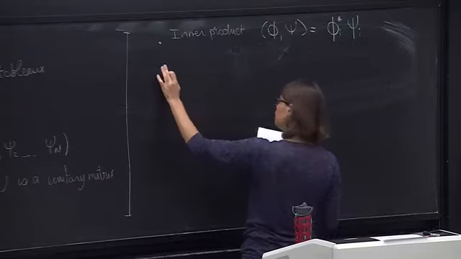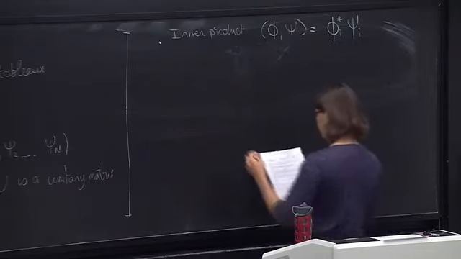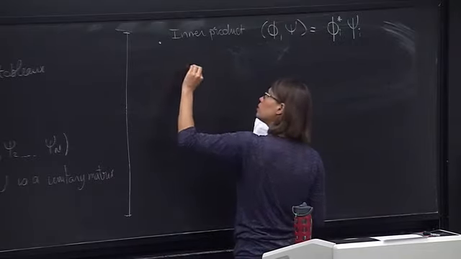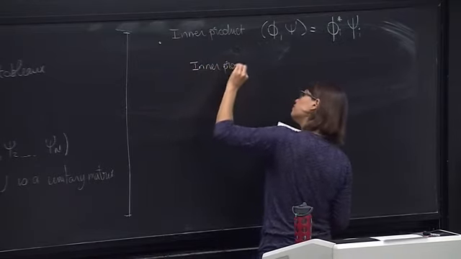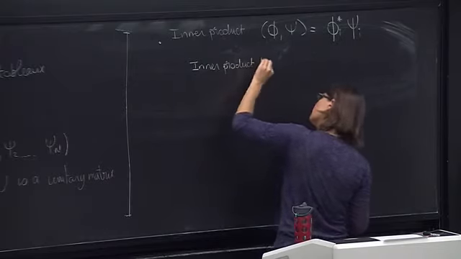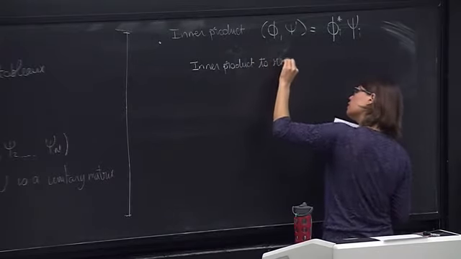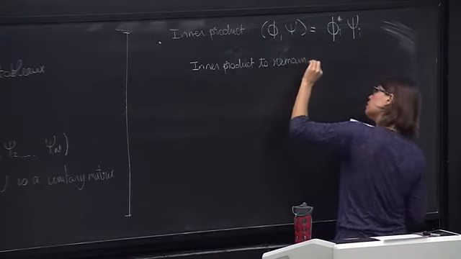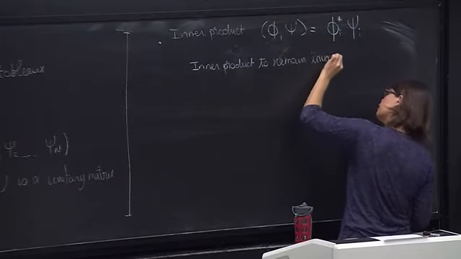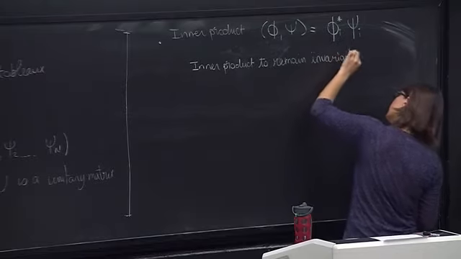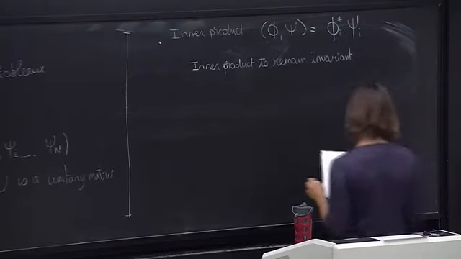And if we want this inner product to remain invariant, the definition in fact of this SUN group is that the inner product of Cn is invariant.